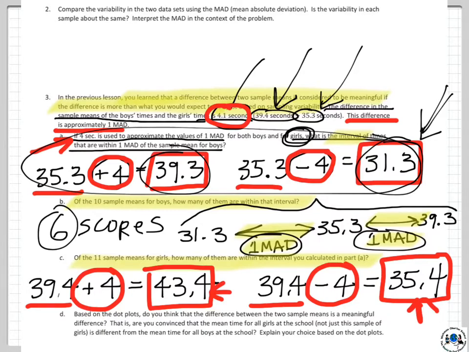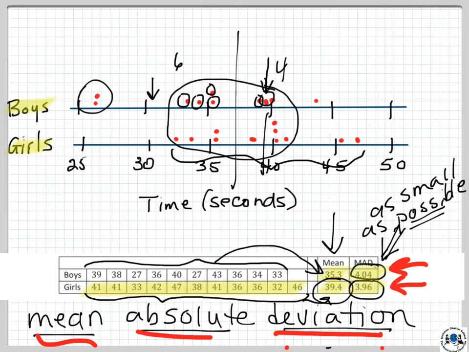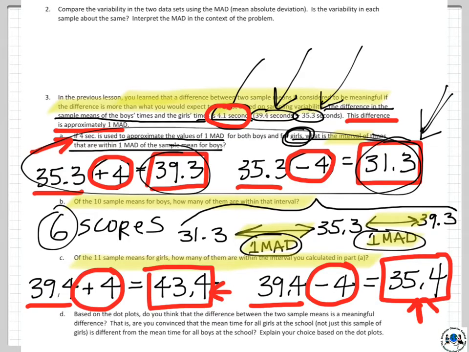Okay, so if we look at 35.4 and 43.4, we start here, we have these two, 1, 2, 3, 4, 5, 6, 7. So actually 7 of the girls.